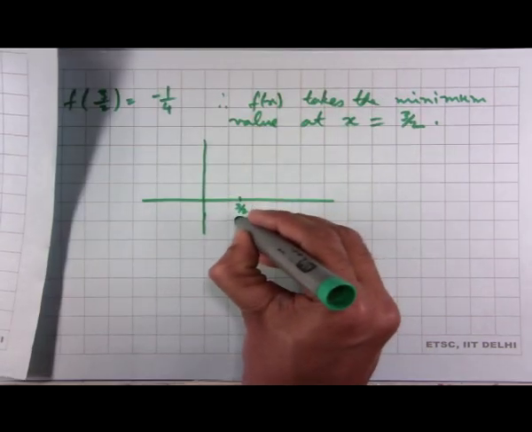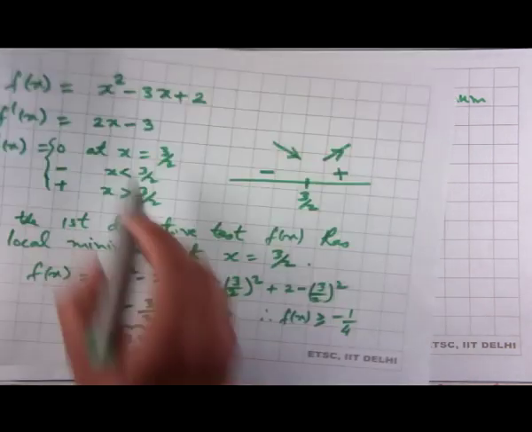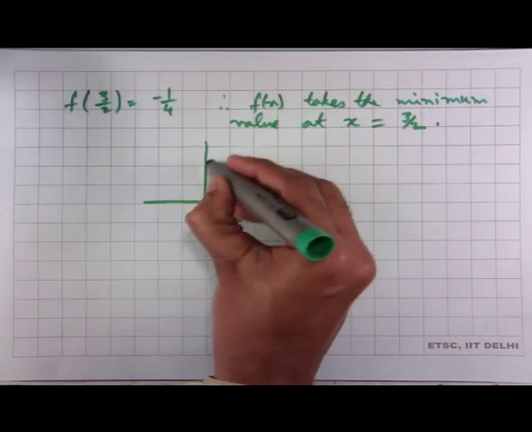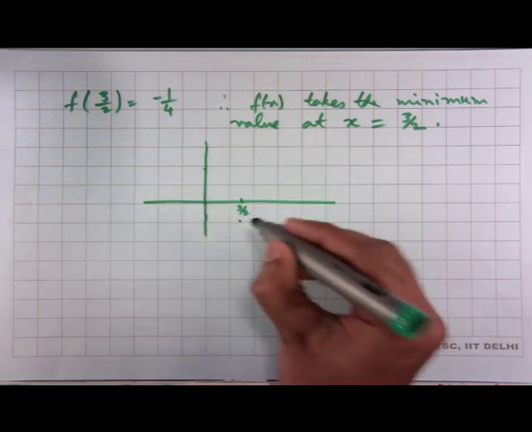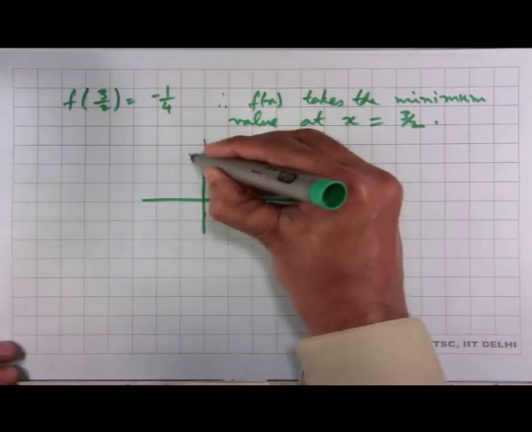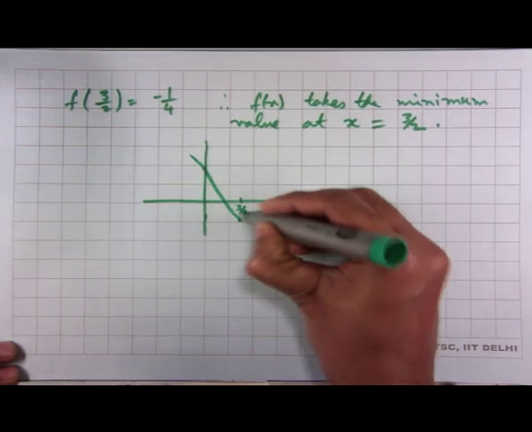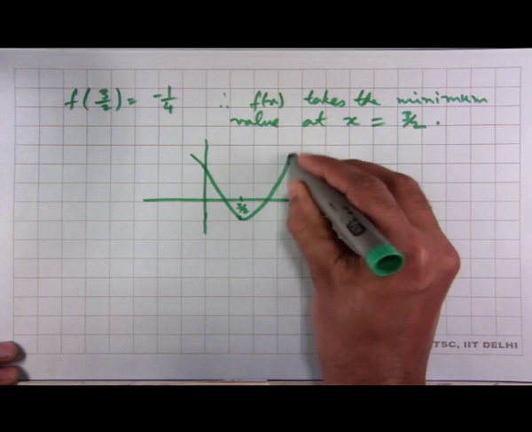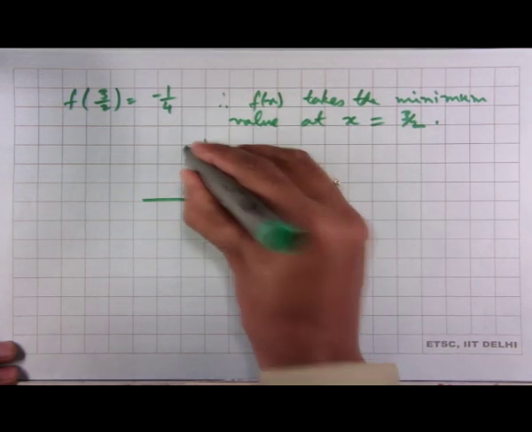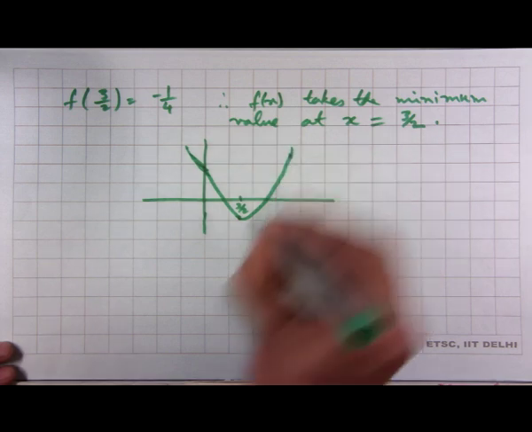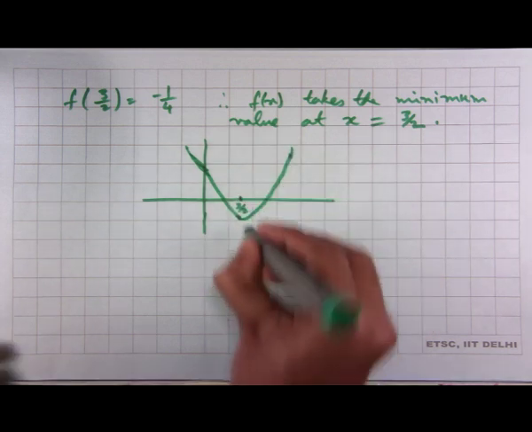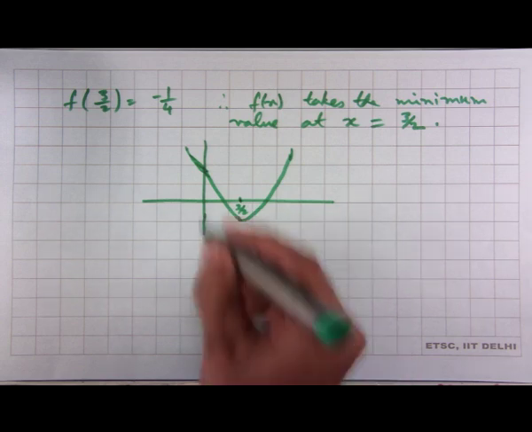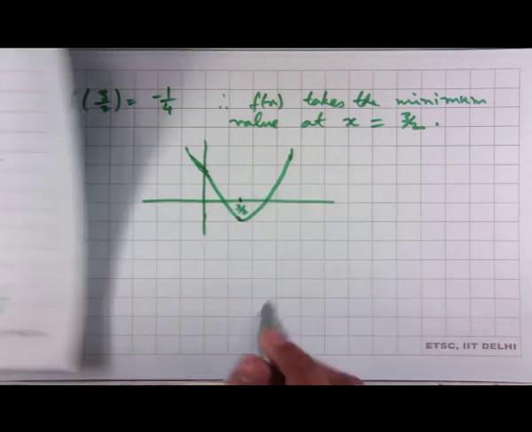The minimum value is at 3 by 2, and if you put x equal to 0, this gives me 2. So, we get a parabola like this, and 3 by 2 is the local minimum as well as the global minimum in this case.